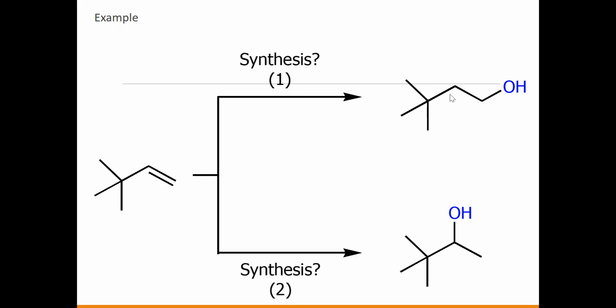The parent chain is butanol, right? 1-butanol, 1, 2, 3, 4. And this one, how do you include it in your name?